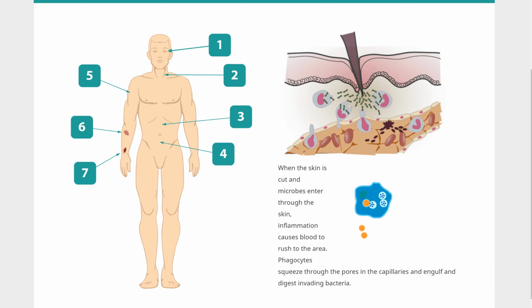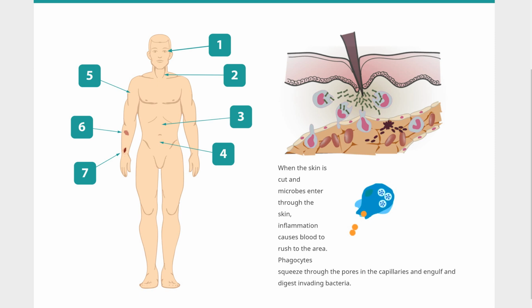And the phagocytes start to eat and ingest microbes or any foreign particles that have entered. So for example, if this was a thorn that had pierced the skin and there might be microbes on the end of it, then your phagocytes would go to the area, squeeze through the pores in the capillaries, and they engulf, they ingest, okay, and digest the invading bacteria, okay?